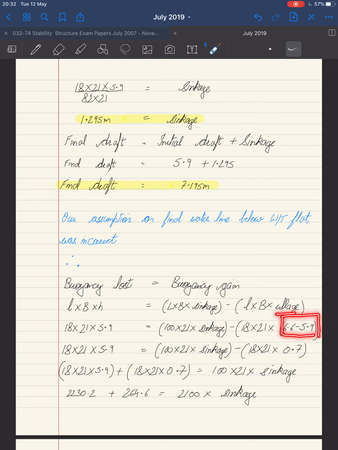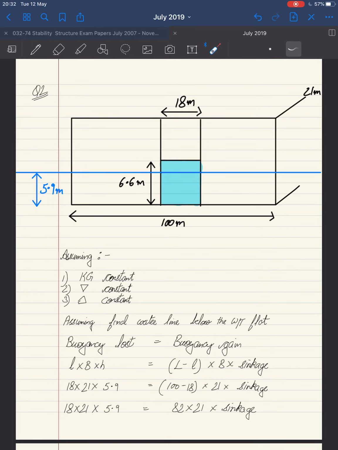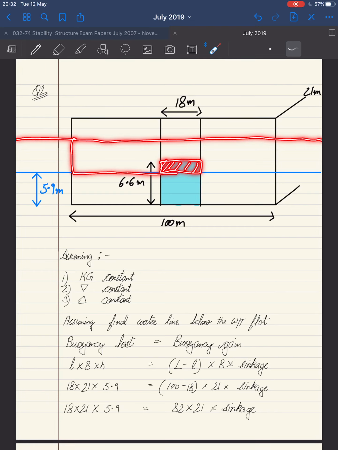Now, I would like to emphasize this bit of the question. Let's look at the drawing again to understand this bit. We are now assuming the final water line to be above the watertight flat because our initial assumption was wrong. So we need to subtract this small cuboid out from this bigger cuboid.